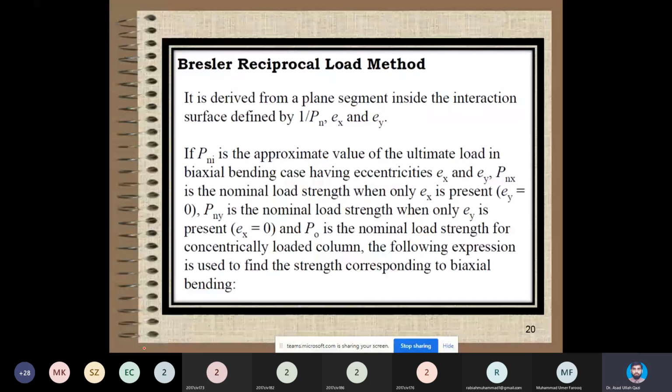As the name indicates, it is the reciprocal load method. So we will consult the interaction surface defined by the reciprocal of the load and eccentricities. In my previous lecture, I showed you on one slide 3 different interaction surfaces, and out of them, one was drawn between the reciprocal of the load and eccentricity.